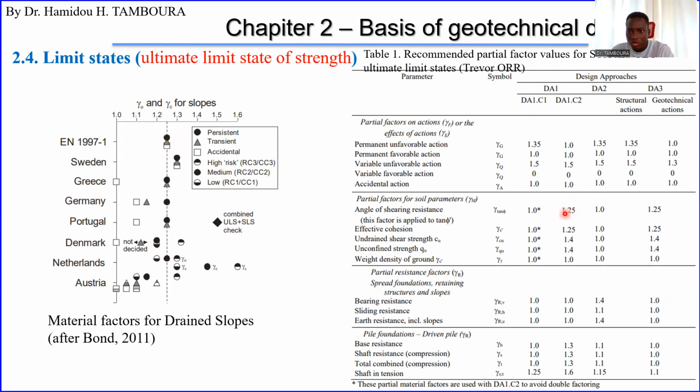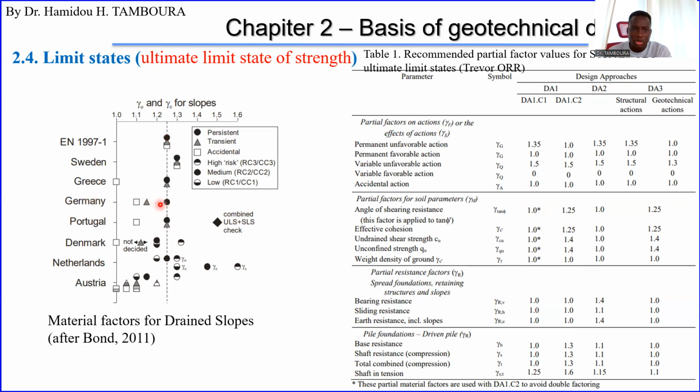So you can see 1.25 in gamma phi. This is Eurocode. And in Sweden, they're using 1.3, for example, for this gamma C and gamma phi. Eurocode is both. You see gamma C and gamma phi, both are 1.25 when it is applied.